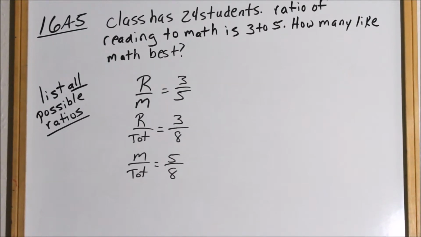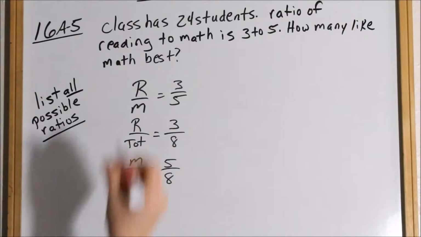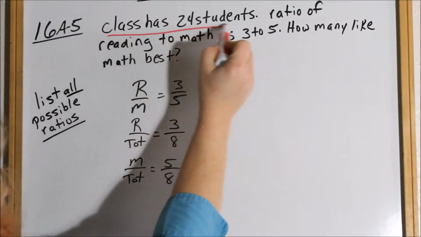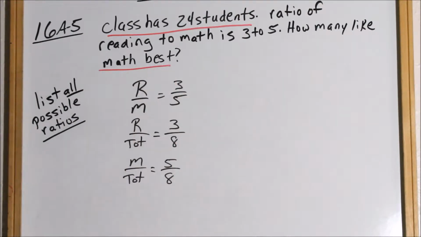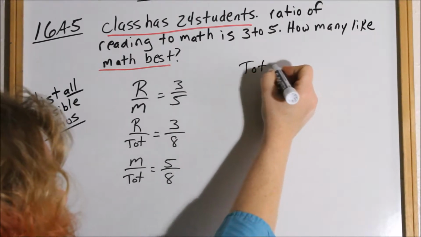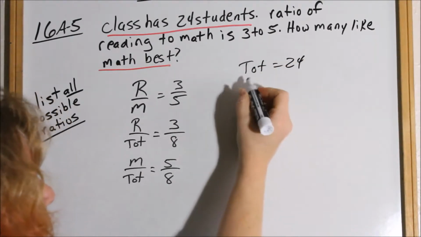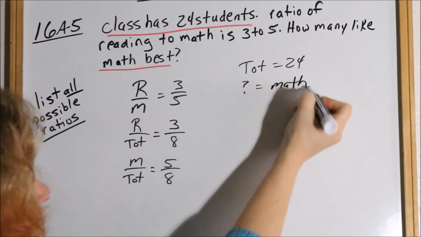Okay, now we need to look at what the rest of the problem gives us to be able to solve it. Because then we can use one of these ratios to help solve the problem. Some of the given information is the class has a total of 24 students, and they want to know how many like math the best. So we were given total students was 24, and what we want to know is how many like math.